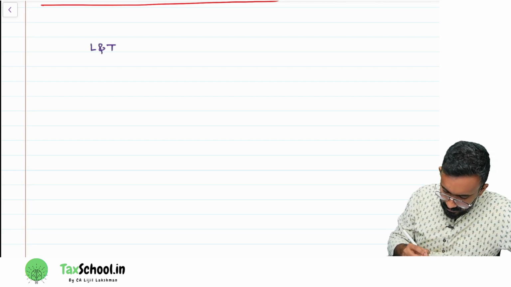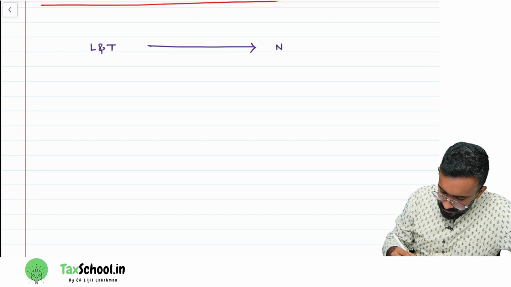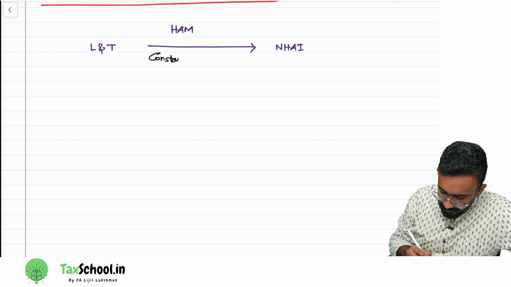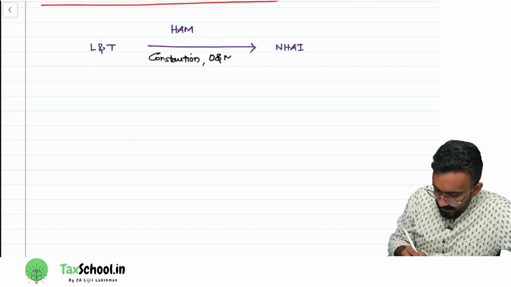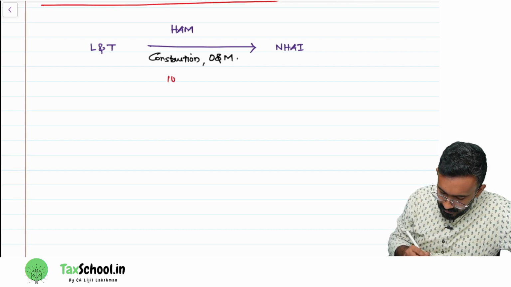L&T is having a contract with NHAI. What is this contract called as? Hybrid annuity model. What are the things they do? Construction, operation and maintenance. Suppose this is a 10-year contract.